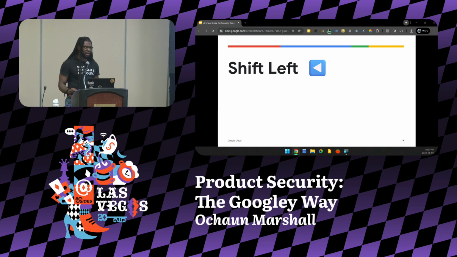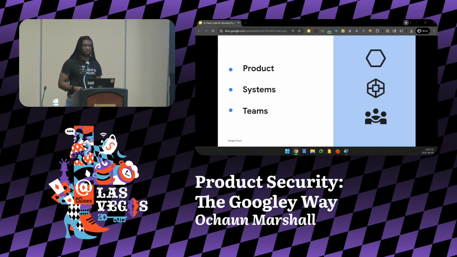Now, again, it means lots of things to lots of people, but today we're focusing on integrating it into the product lifecycle. So for the purposes of our discussion, there are 3 foundational building blocks. Product is what the user gets. Straightforward. Systems are assets that the product uses.